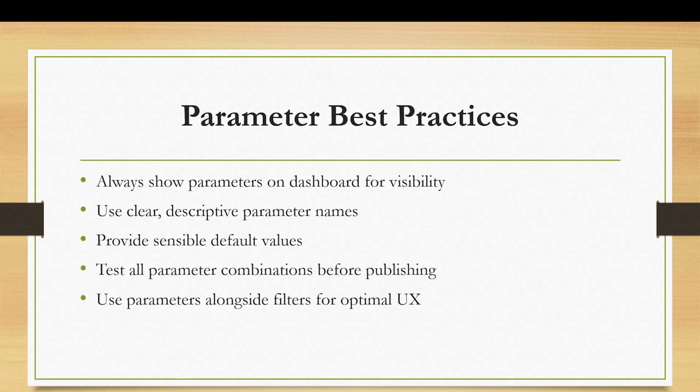We can also provide sensible default values. That means even though the user is not changing the parameter, the visualization should show the most suitable value. In this way we can combine many parameters in a single chart to filter, and optimize the user experience.